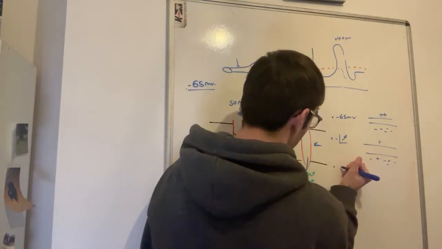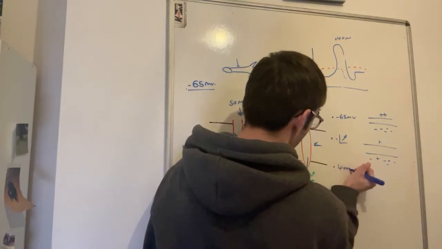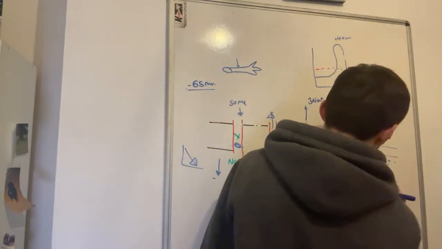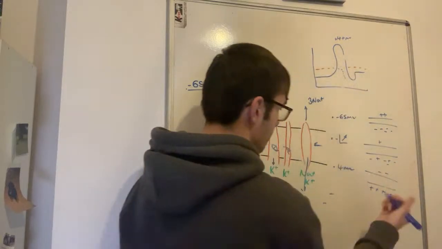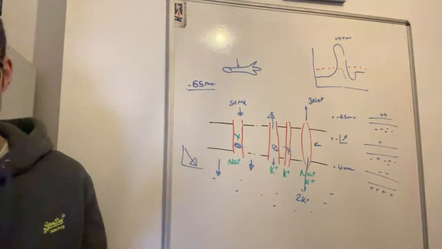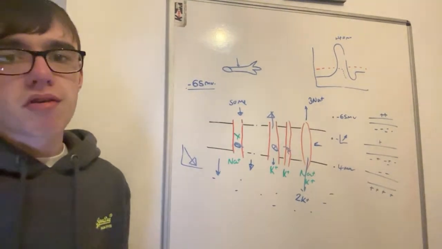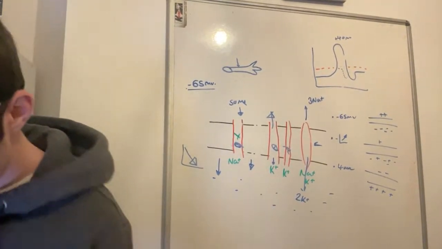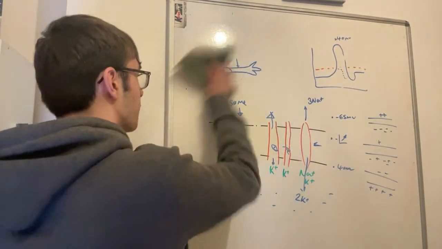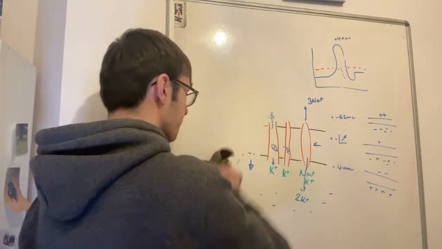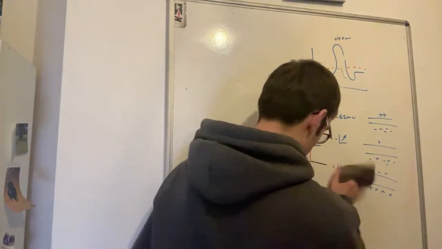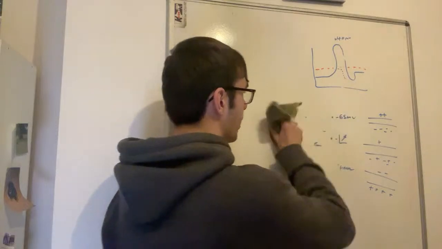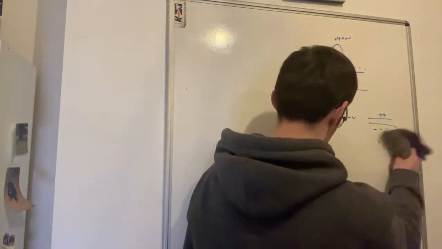If it's the all or nothing principle, then obviously that's going to be 40 millivolts, and it's going to be like this, and then etc. So I think it's really simple to understand. It is basically just charges.